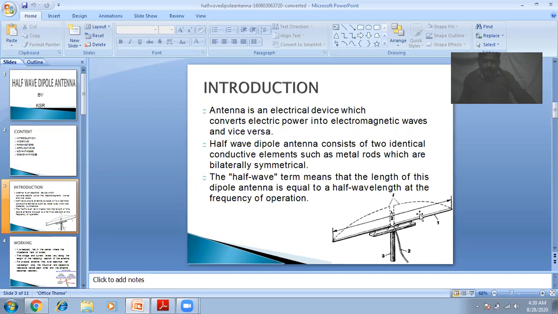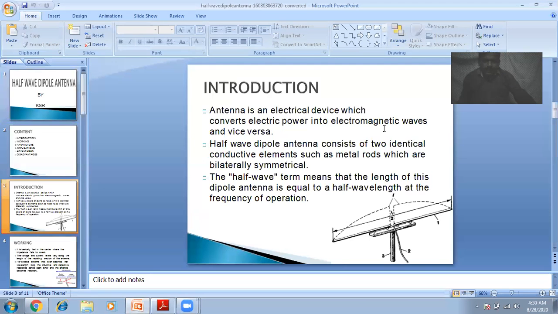That means from here to here, there is a length equal to lambda by 2. Therefore, this is called half wave antenna, and it is having two poles. This is one pole, and on the other side, this is another pole. Therefore, this is called dipole antenna.